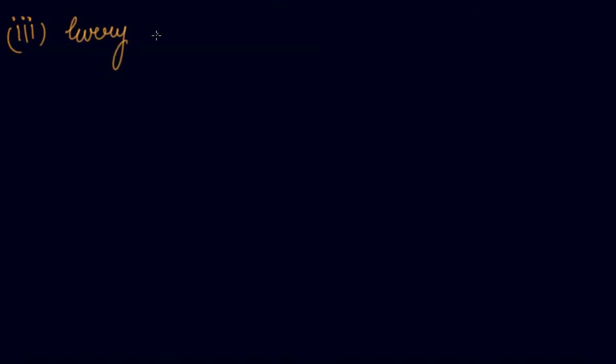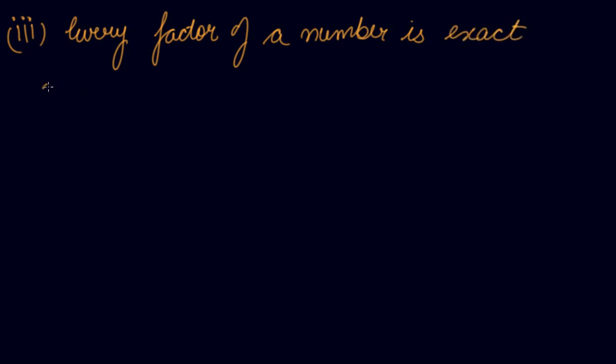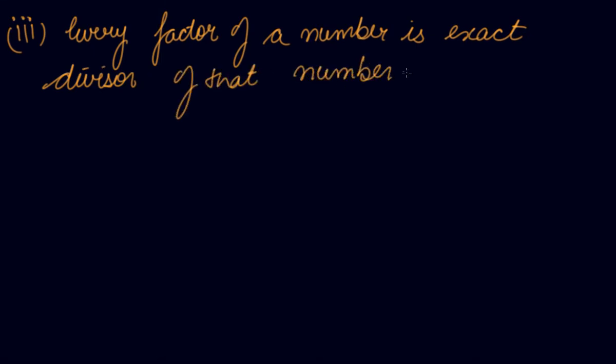Third, every factor of a number is an exact divisor of that number, which means that if I take the number 6, its factors are 1, because 1 is a factor of every number, then 2 because 2 divides 6 completely, 3, and 6 because every number is a factor of itself.